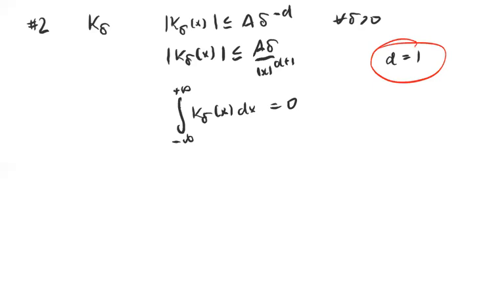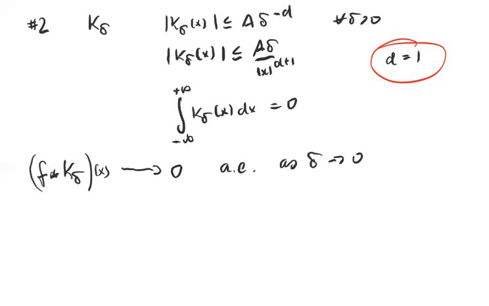And the claim is that f convolved with K delta of x converges to 0 almost everywhere as delta goes to 0.